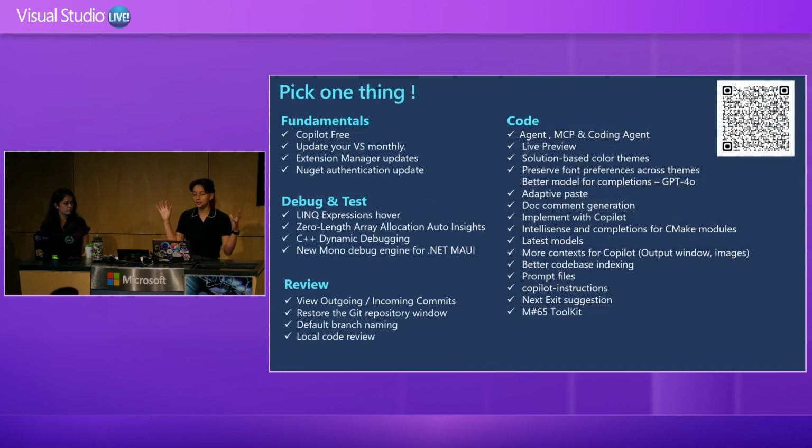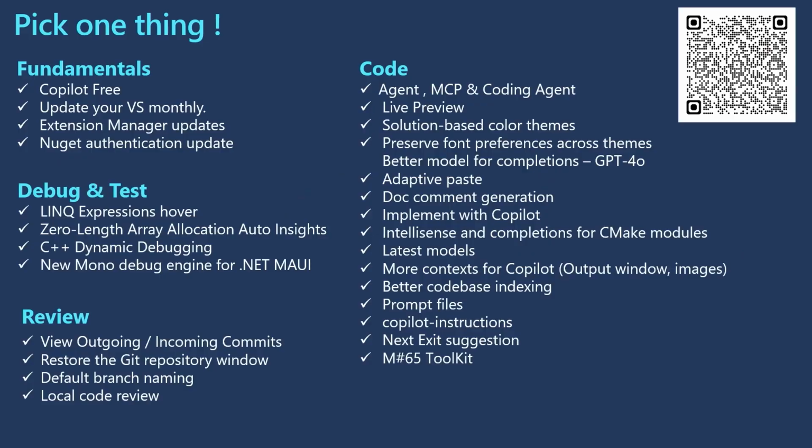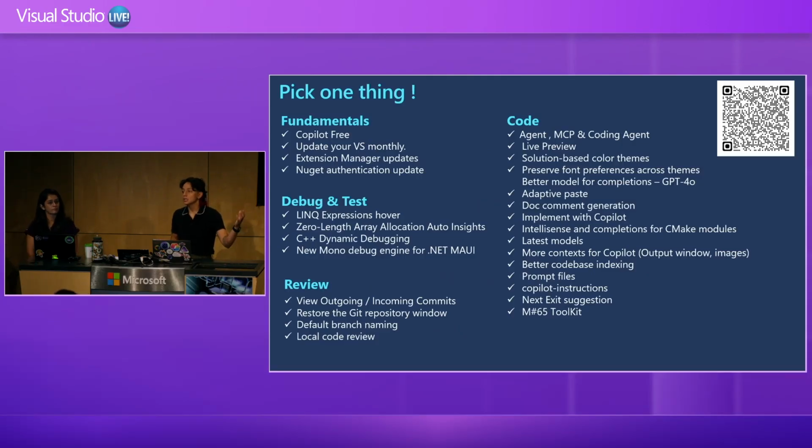Okay, that brings us to the end of the content that we wanted to share in this session. I think we're doing actually very good on time, so we might be able to take some questions at the end if y'all have any. But we mentioned at the beginning that we really wanted to help you create that roadmap of how you're going to grab something to take home from the VS Live week with you. If you were in the labs yesterday, it's a lot of information that you're grabbing already.